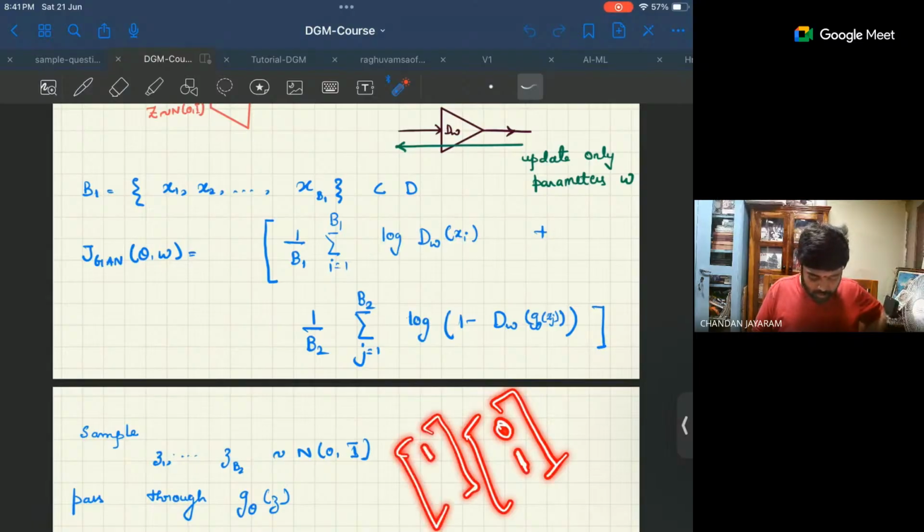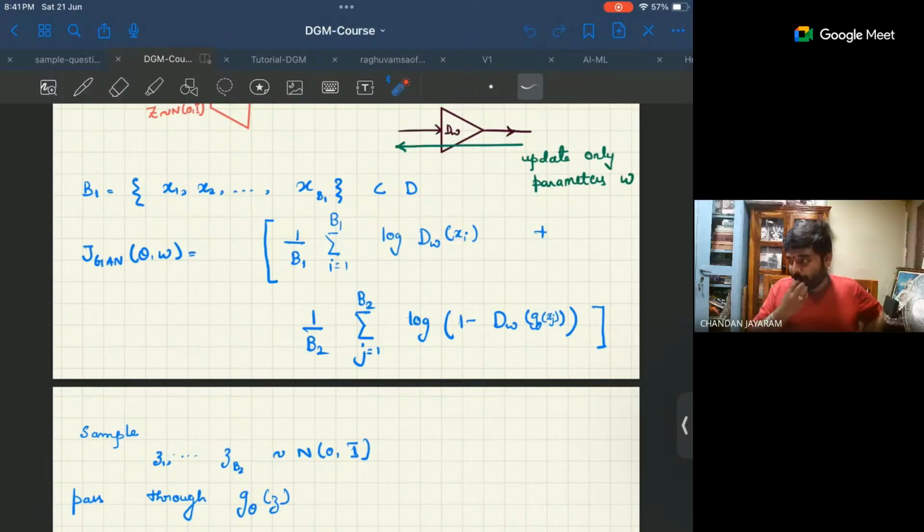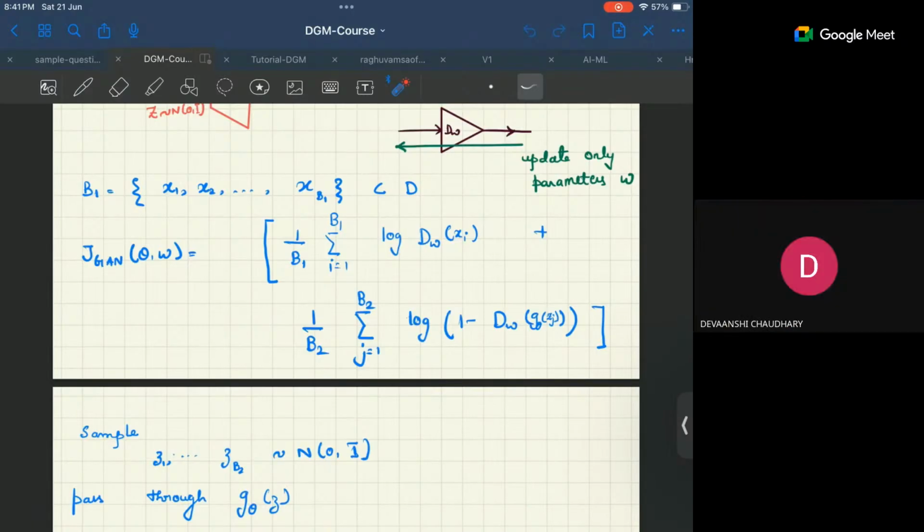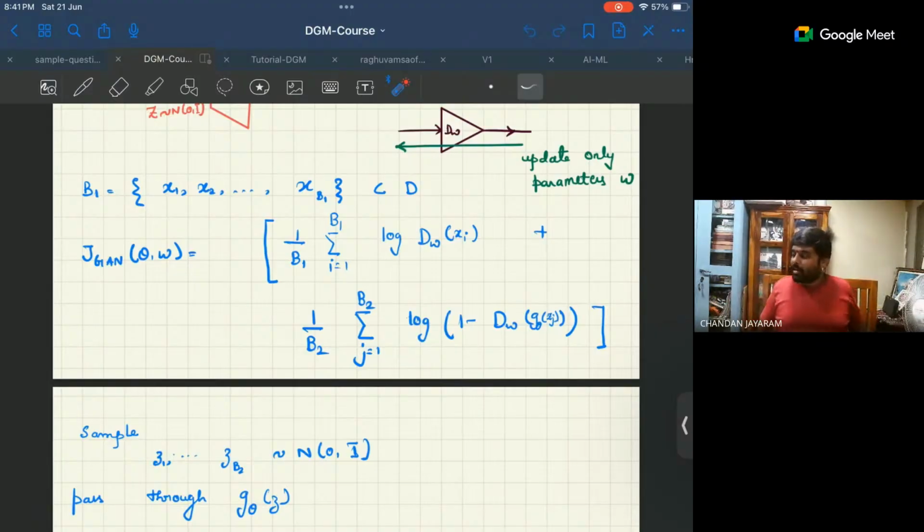For the generated image, consider this as the one hot encoding, and find the second thing. Now you'll be able to get it. Just give it a try. It's a fairly straightforward question. If you're not able to do it, let me know, I'll surely explain the answer.